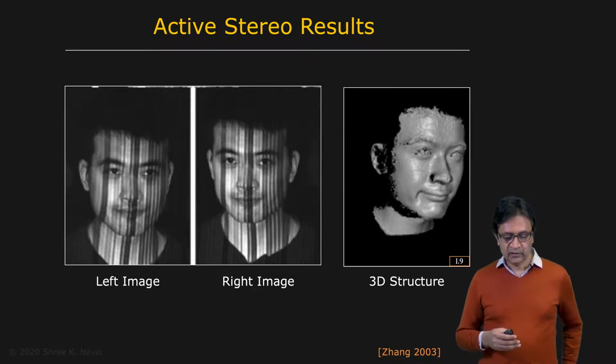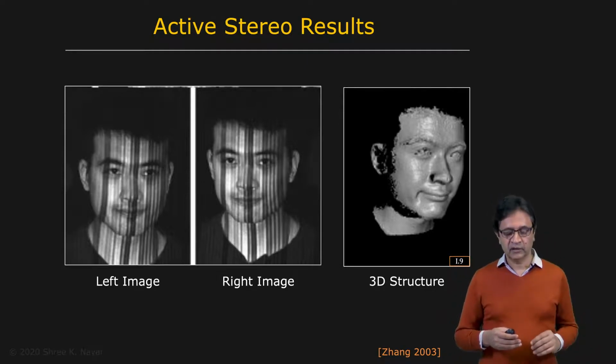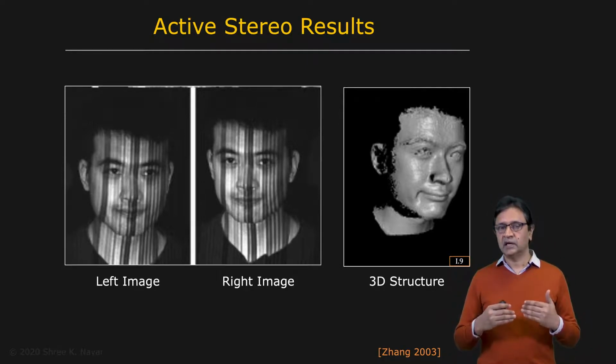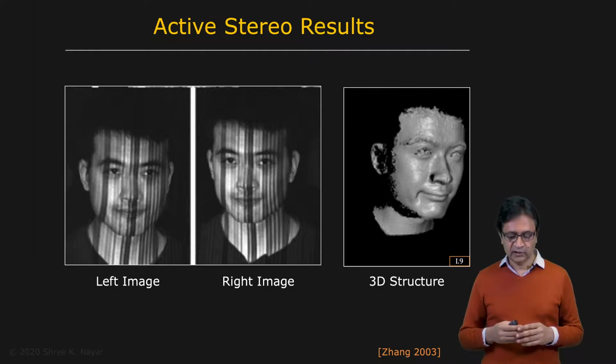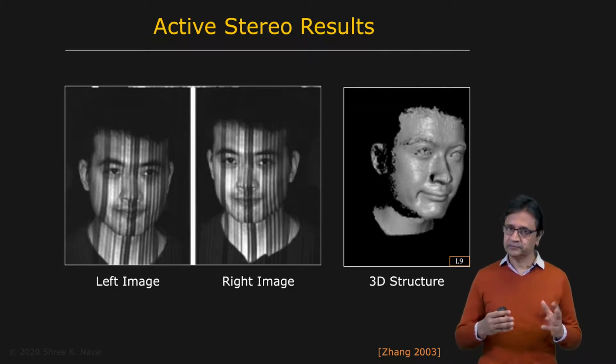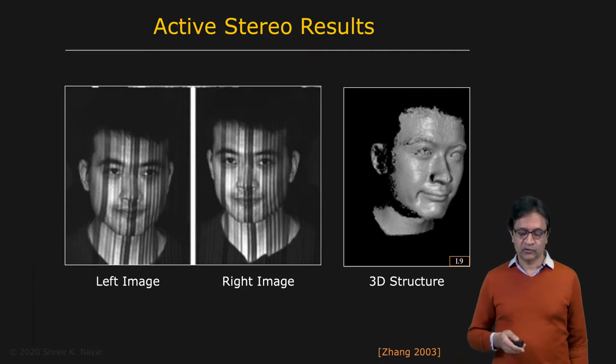So here's a method where an illumination pattern is being thrown onto the object, and in fact, it isn't a static pattern. The pattern itself changes with time. As the person moves, the pattern's also changing. And it turns out that if you have a spatially varying pattern and one that changes over time, you can make stereo even more robust.